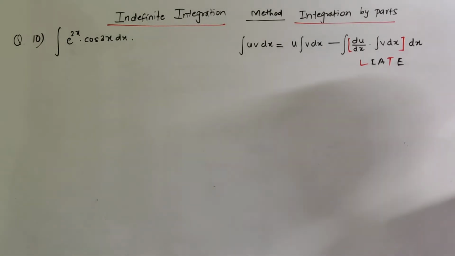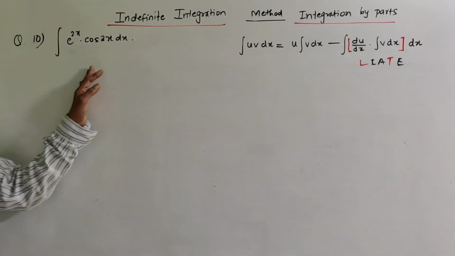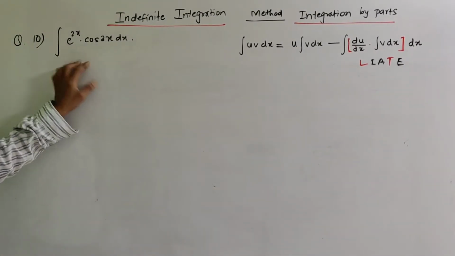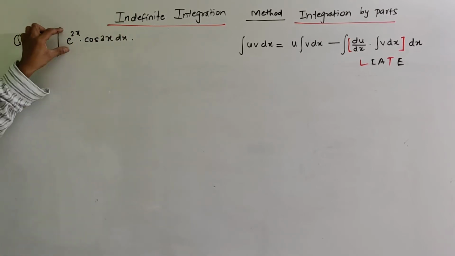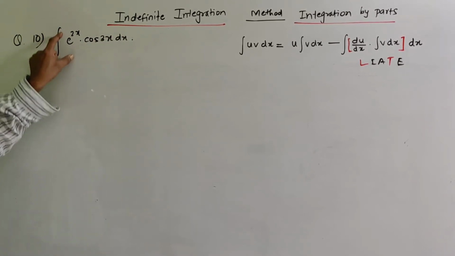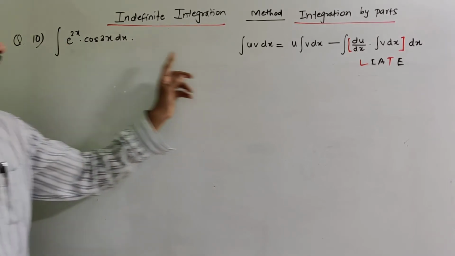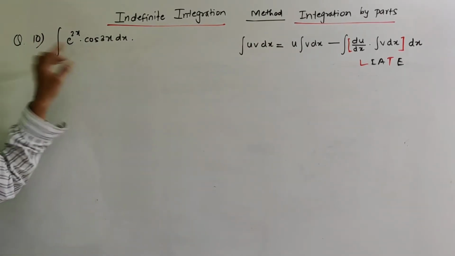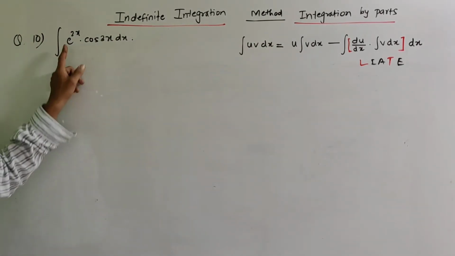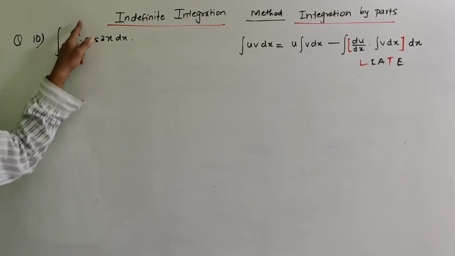Question number 10, e raised to power 2x cos of 3x dx. This is such an integral in which you can select any function as u, either e raised to power 2x you can select as u and this as v, and vice versa. In this, even if you don't use the LIATE rule, it works, but this is a particular integral, e raised to power ax cos of bx and e raised to power ax sin of bx.